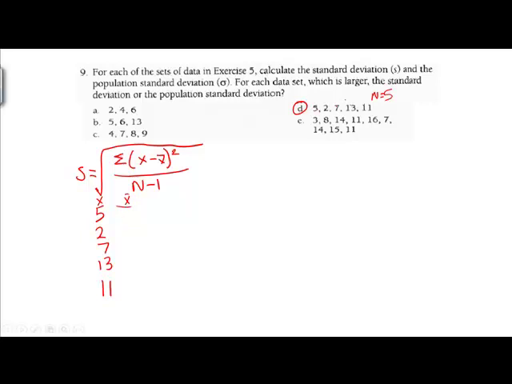So over to the side here, let's do our sum of X. Turn on the calculator because I'm being lazy. 5 plus 2 plus 7 plus 13 plus 11. That's 38. So the sum of X is equal to 38. 38 divided by 5 is 7.6.